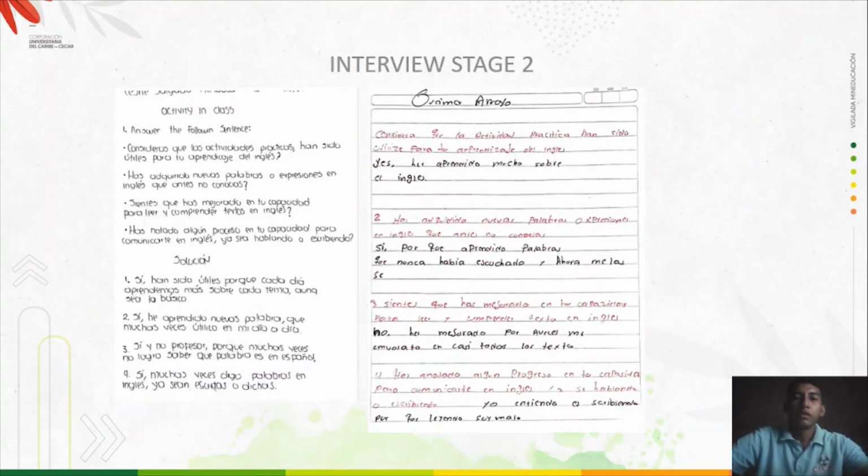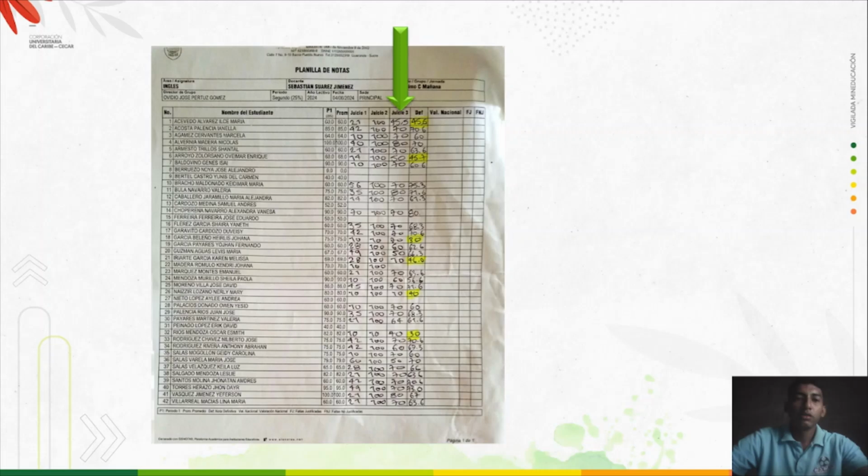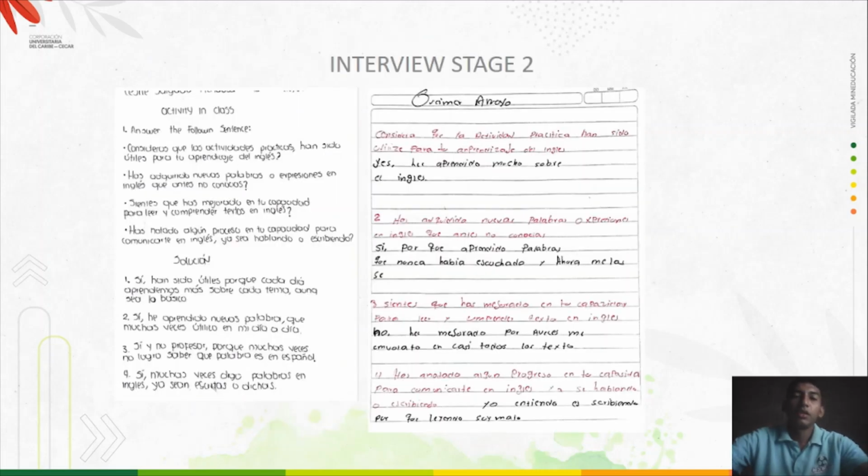Now in stage number 2, I did another interview, and for example, you can see their answers. I made my questions in Spanish because, as I said before, the level of English is so low. So for example, in question number 1, ¿consideras que las actividades o prácticas han sido útiles para tu aprendizaje?